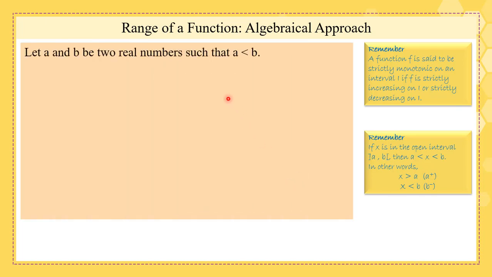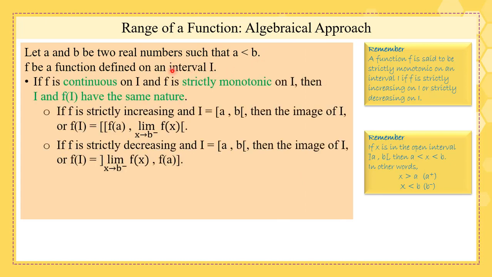Now a and b are two real numbers such that a is smaller than b. f is a function defined on an interval I. If f is continuous on I and f is strictly monotonic on I, then I and f of I have the same nature. This is what we said before. Well, specifically, if f is strictly increasing and I is semi-open or semi-closed, ab, then we can say that the image of I, or f of I, is f of a and the limit as x tends to b minus.